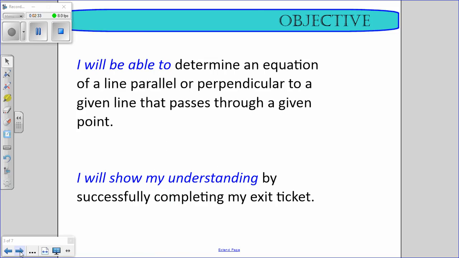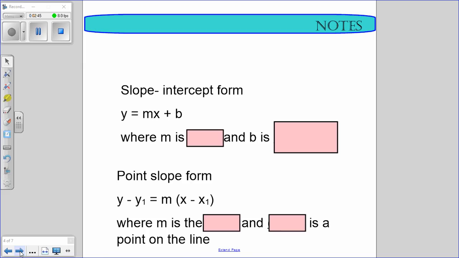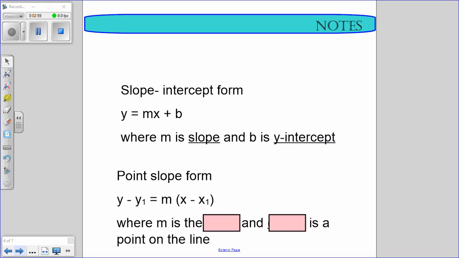All right, at the end of this, you will be able to determine equations of lines for parallel or perpendicular lines to a given line that passes through a given point. All right, slope-intercept form, if we remember, it's y equals mx plus b, where m is the slope and b is the y-intercept.